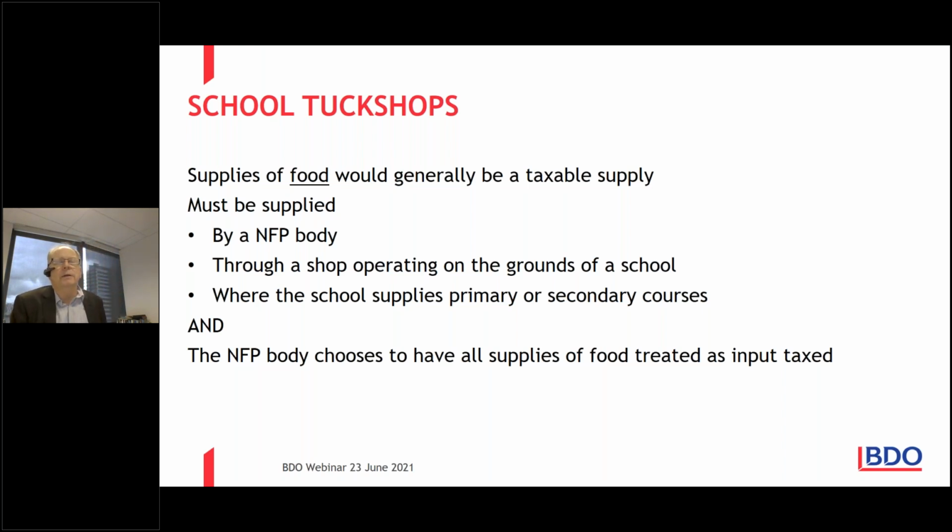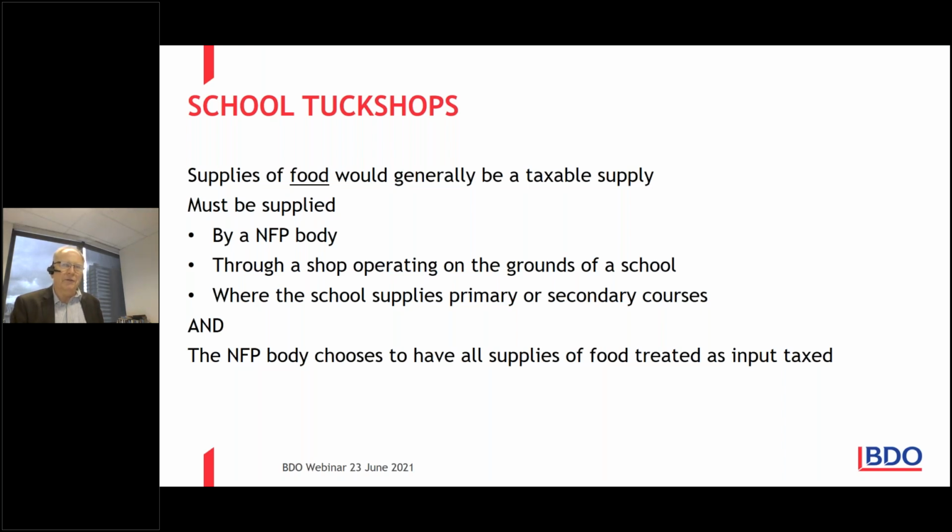But being that most of the food purchased would be GST free and converted by the volunteer group into a taxable supply, rather than having 1/11 of all of the sale value being taxable, you're treating it to be input taxed, which means that you're not claiming the GST on your purchases.